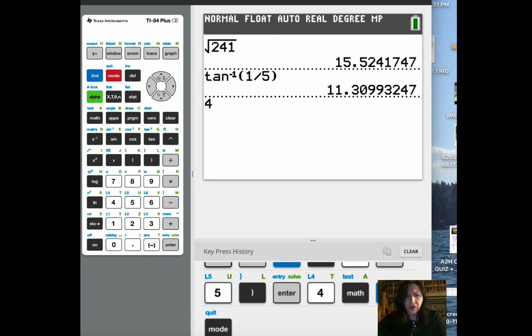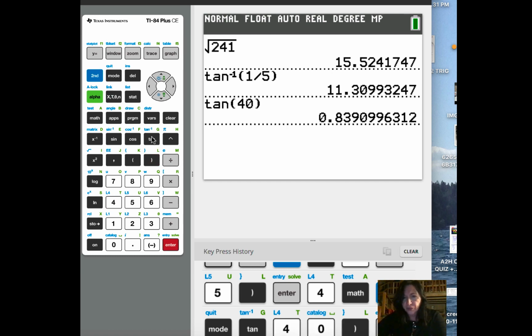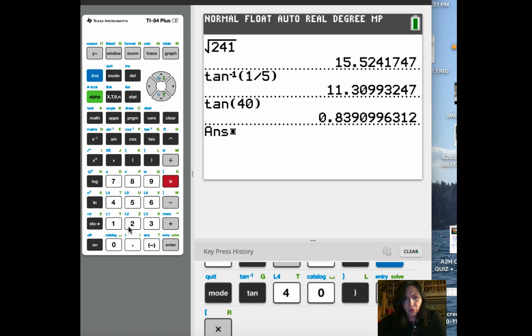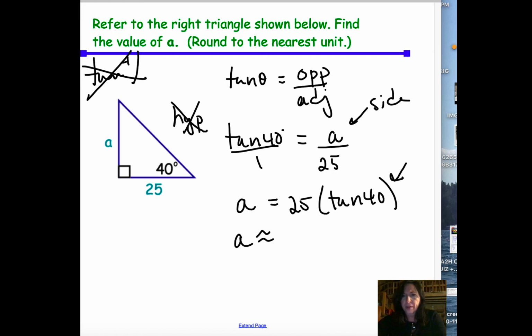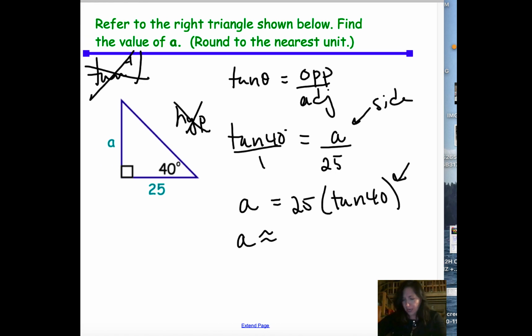Okay, so we're going to say tangent right there of 40, close parentheses, is equal to that value, 0.839. And now I'm going to multiply that by 25. So I'm going to go times 25 equals. And I get 20.977.